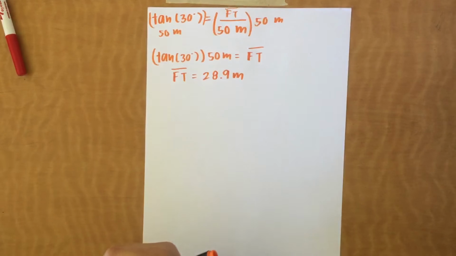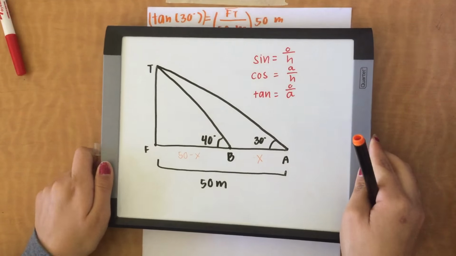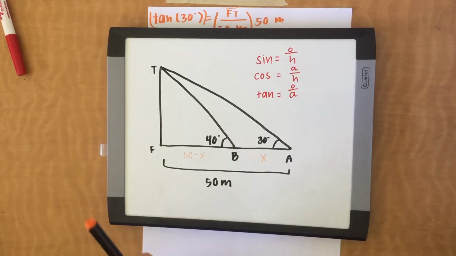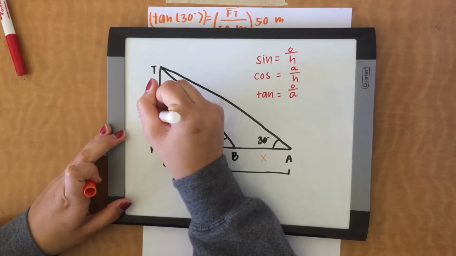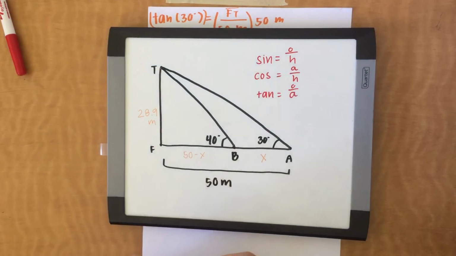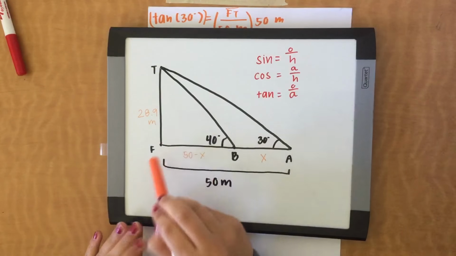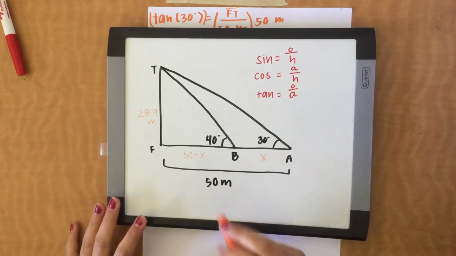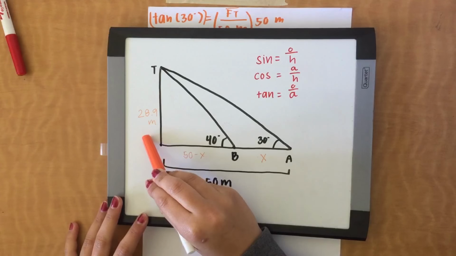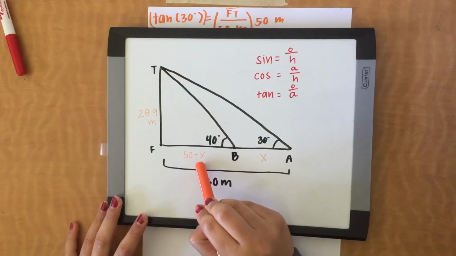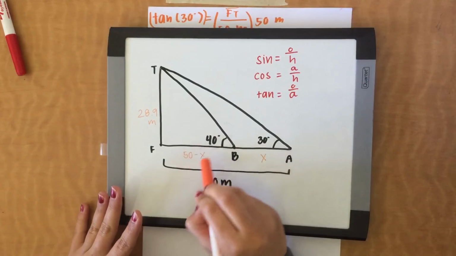And let's write this here. So this side here is 28.9 meters. Now we need to find X, this is what we're looking for. So we can use this angle here. We can use tangent as well. Tangent of 40 is equal to the opposite, 28.9, over adjacent, which is 50 minus X. So then all we'll be solving for is this little X here.